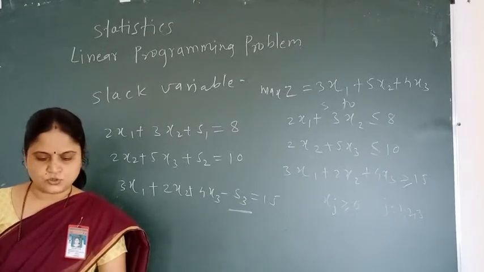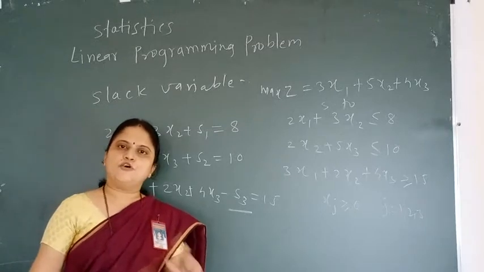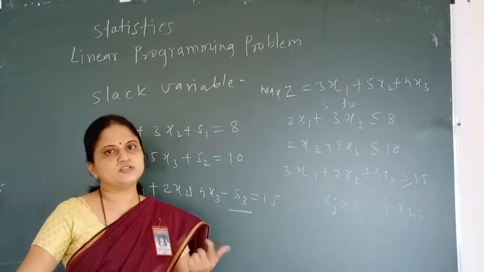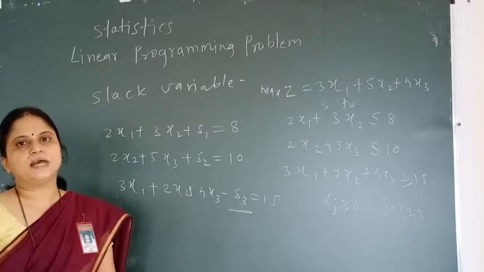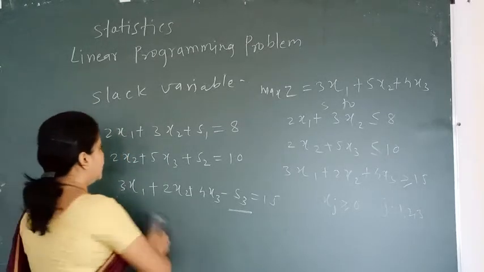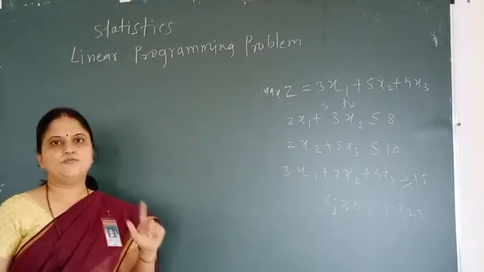Okay, so I have some general forms of LPP which we need while solving the problem. So general forms are canonical form and standard form. So canonical form, see, suppose this is my LPP which I have with me.